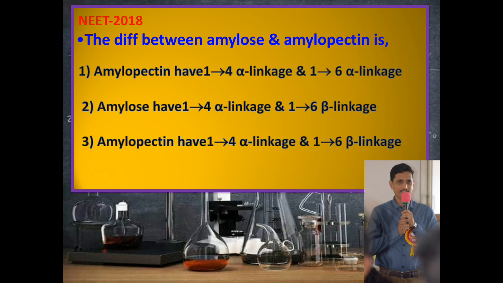Again, 1,6 means C1C6. And the fourth option is amylose is made up of glucose and galactose. Choose the right answer.